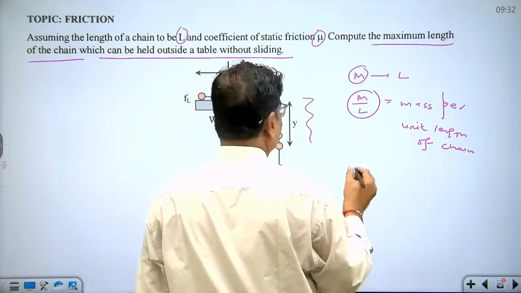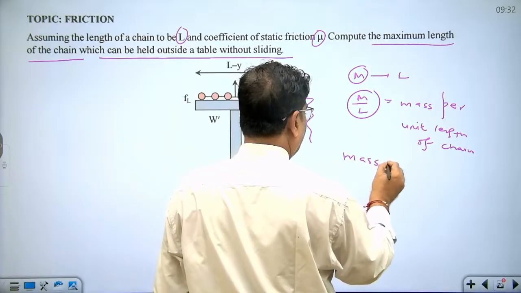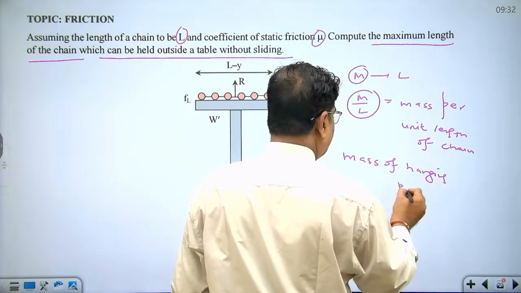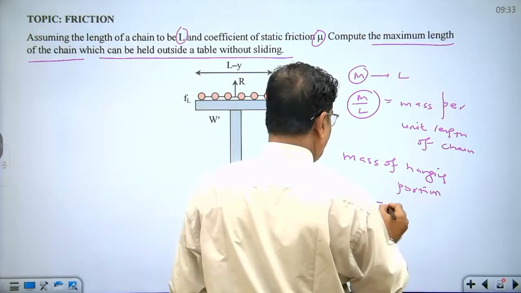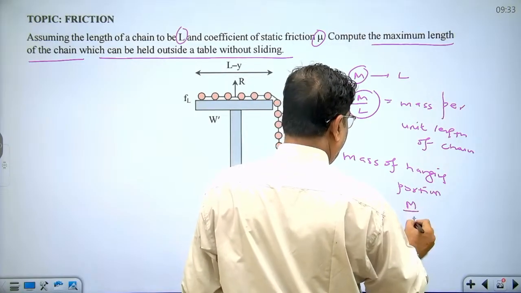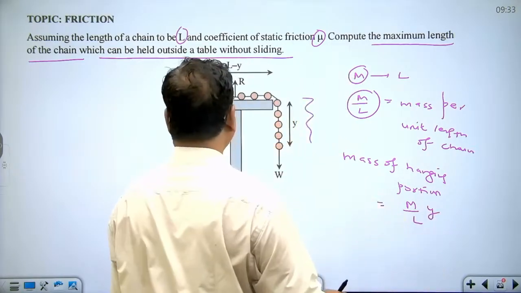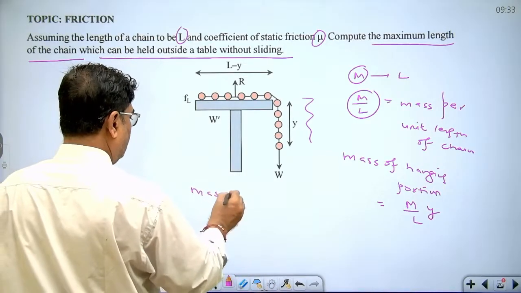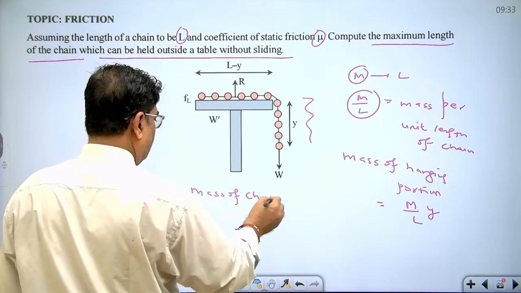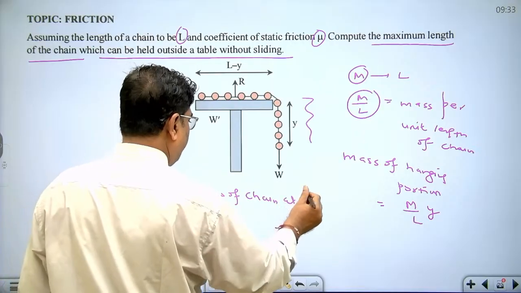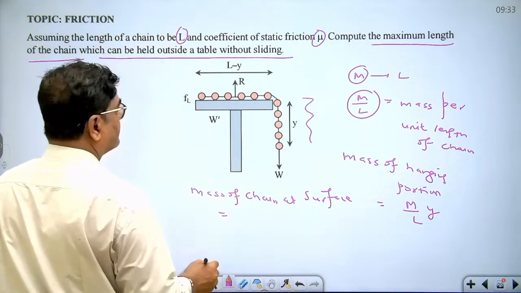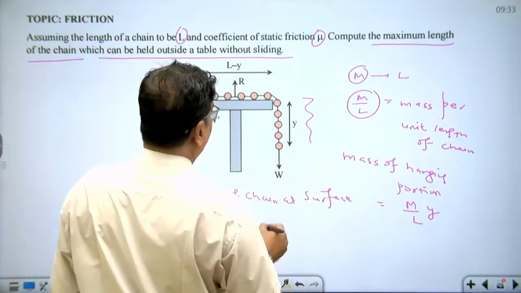So dear student, mass of the hanging portion is equal to how much? m by L into y. And the mass of the chain at the surface is how much? The chain length there is L minus y.